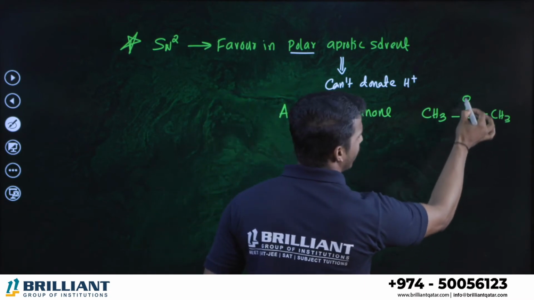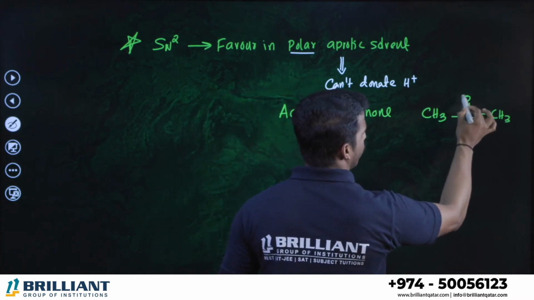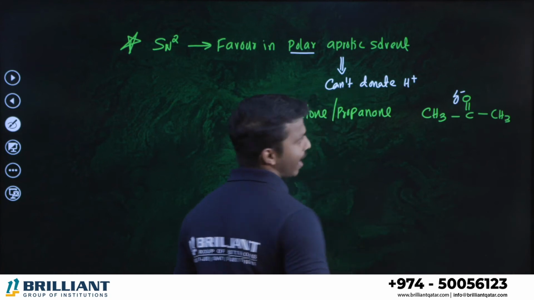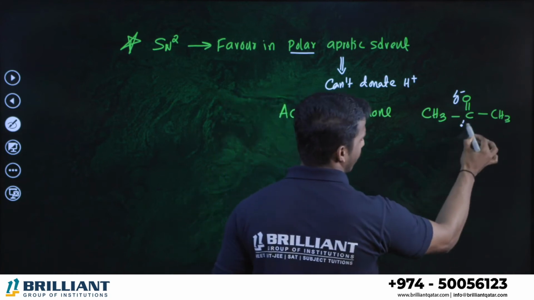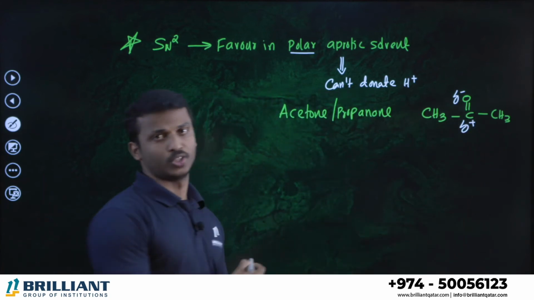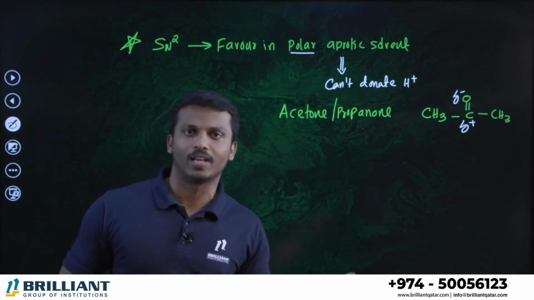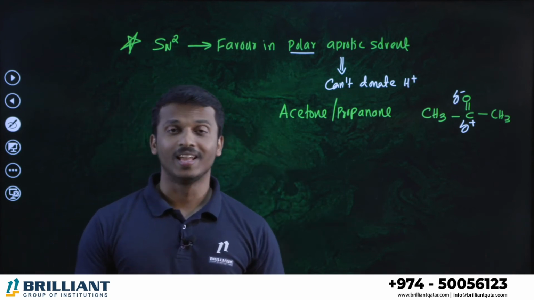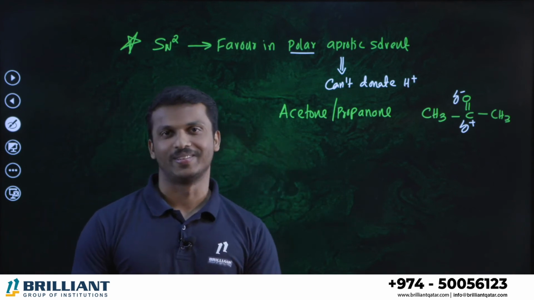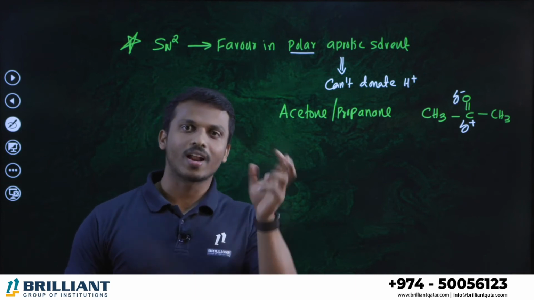Dear students, carbon and oxygen: oxygen is the most electronegative element, so it carries a partial negative charge, and carbon carries a positive charge. Yes, they are charge separated, so they are called polar. But they can't donate H plus ion. Therefore, it is a polar aprotic solvent.